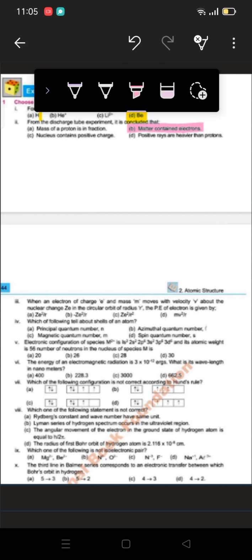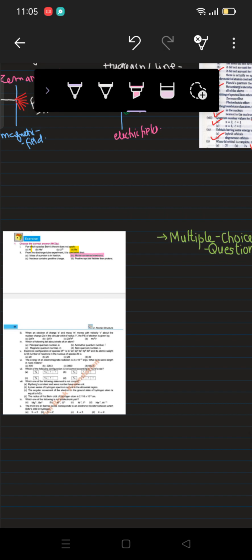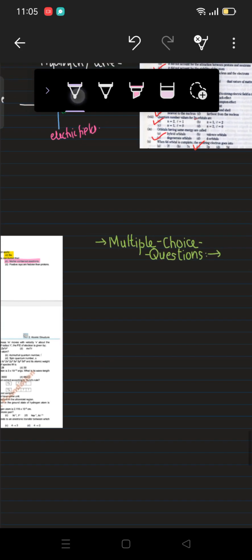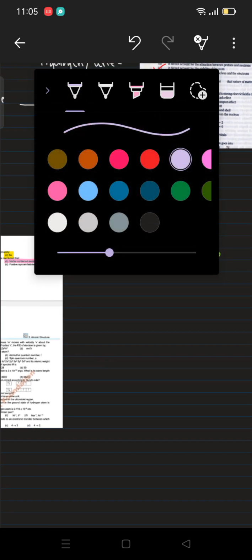They have given us mass, charge, and velocity, and they are asking us about the potential energy. We have derived all the equations; we calculated the total energy as well as the kinetic energy of the electron. We have discussed this chapter in great detail.